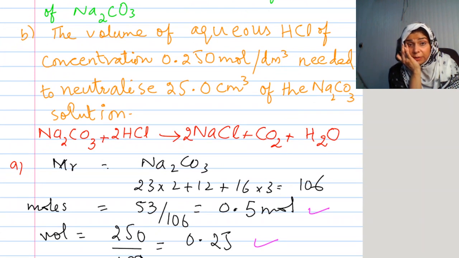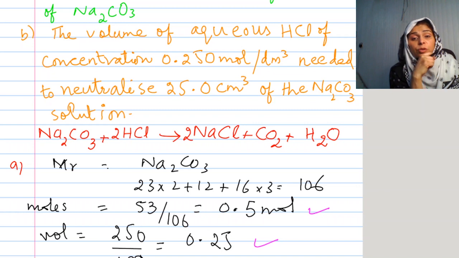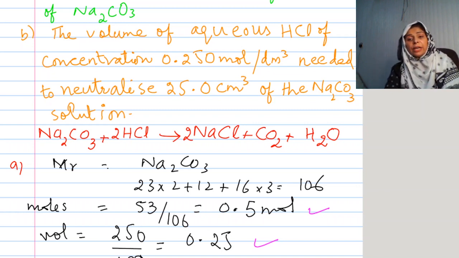The volume of aqueous HCl, concentration 0.250 mole per decimeter cube, is given, to neutralize 25.0 centimeter cube of the Na2CO3.